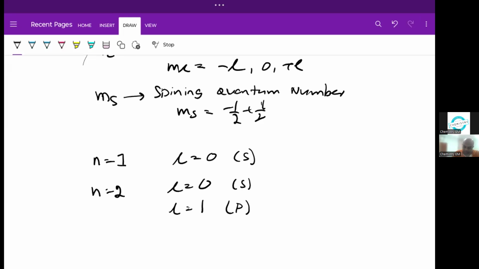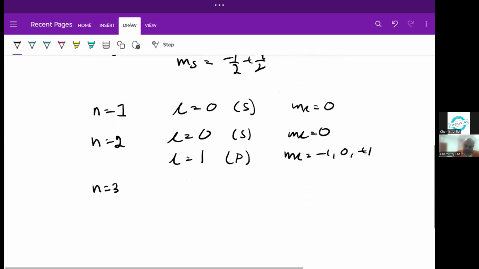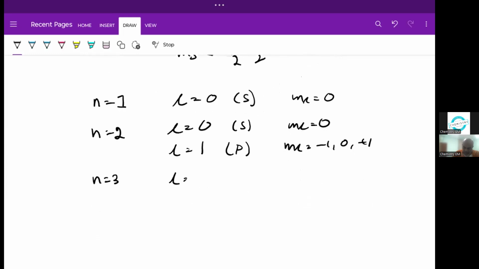Then azimuthal quantum numbers. These are azimuthal quantum numbers. Magnetic quantum numbers, L is equal to 0, then ML is equal to 0. Here ML is equal to 0. Here ML is equal to minus 1, 0, and plus 1. Right? Then n is equal to 3. n is equal to 3 means L is equal to 0, we have S, ML is equal to 0.